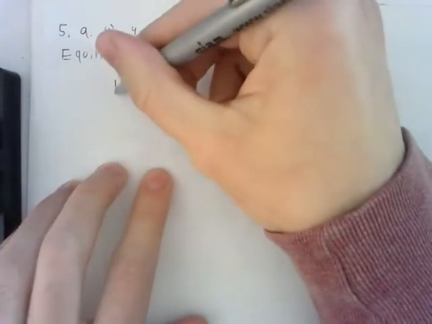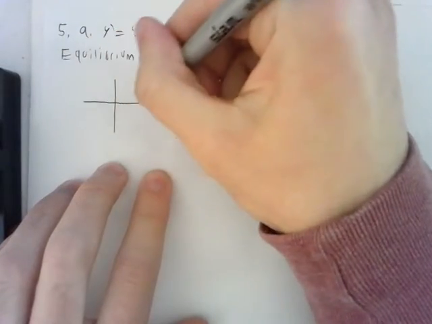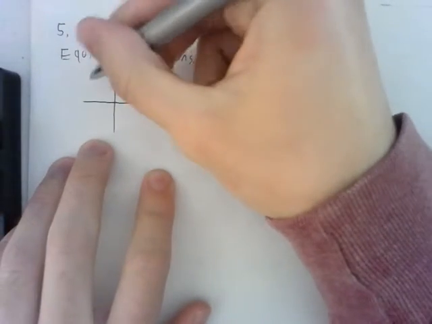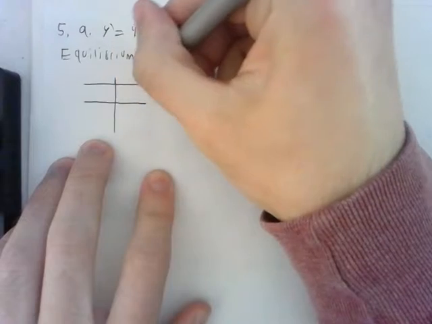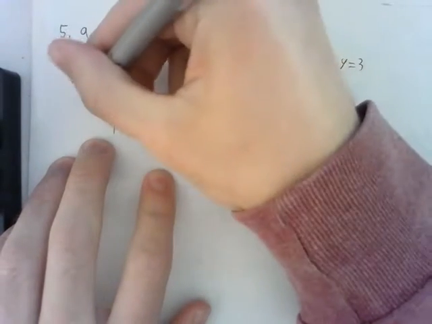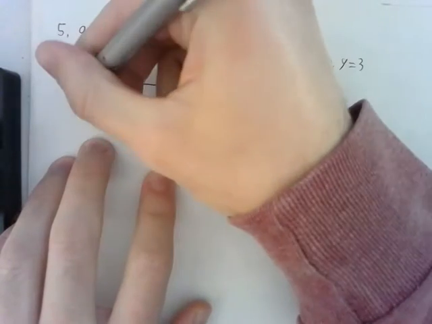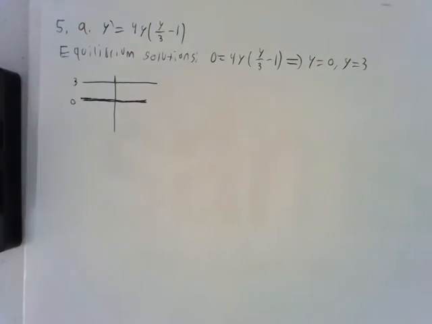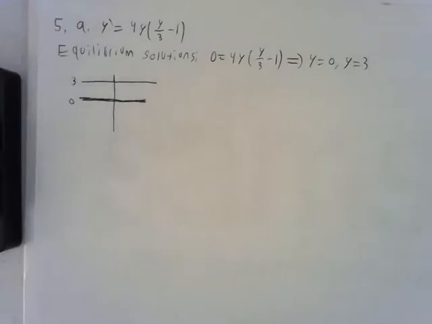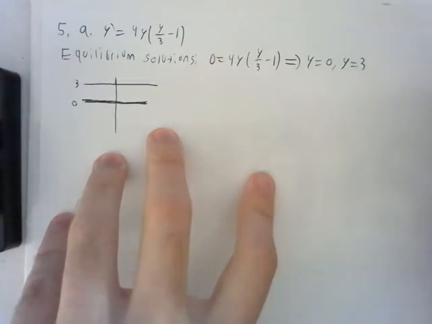So let's sketch a set of axes here. We have an equilibrium solution at 3 and one at 0 that are important. Now let's think about what's happening to the solutions in between these regions.